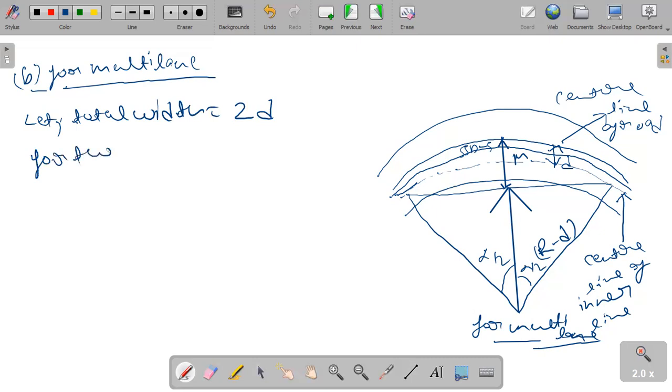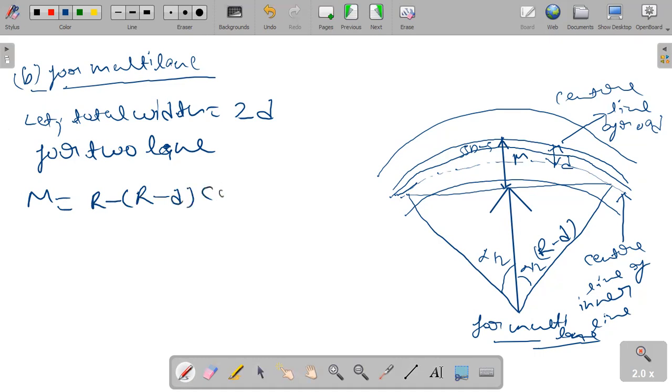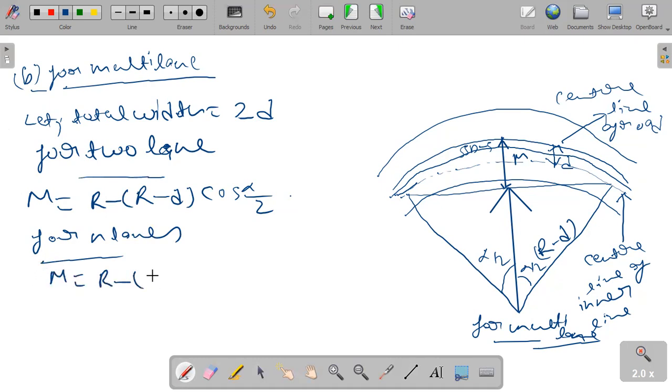For two lanes, M is equal to R minus d cos alpha by 2, and for n lanes, M is equal to R minus (n minus 1) into d into cos alpha by 2. So this is for n lanes and this is for 2 lanes.